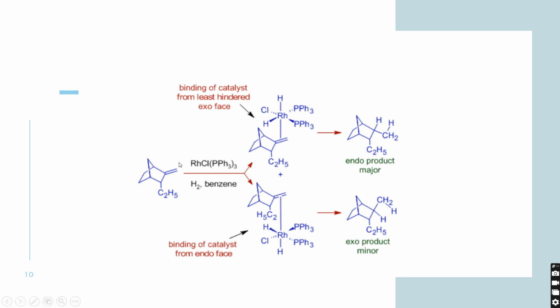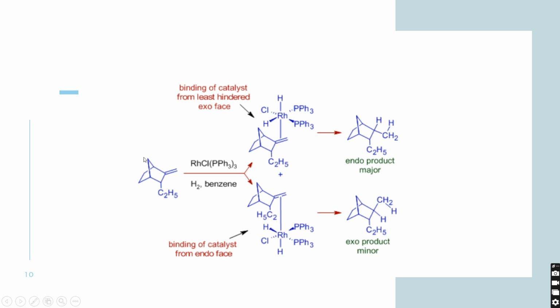So if you look at the substrate, the below face contains one ethyl group along with 4 carbons of the substrate. Okay, 4 carbons and the ethyl group. So this below face is definitely facing a lot of steric hindrance.